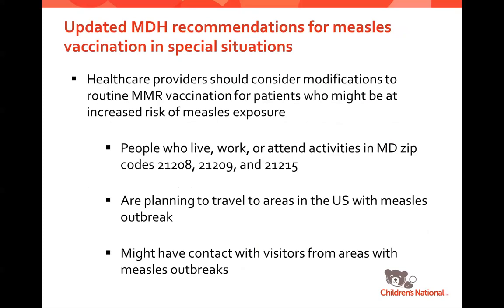Those are the zip codes where the 4 measles cases in Maryland lived or worked or went around to in their time period of being contagious with measles. Also, individuals planning to travel to areas in the U.S. that have a measles outbreak, or an individual who might have contact with visitors from areas with measles outbreak, you can consider modification to the routine MMR vaccination. Well, that's what the Maryland Department of Health has on their website right now.